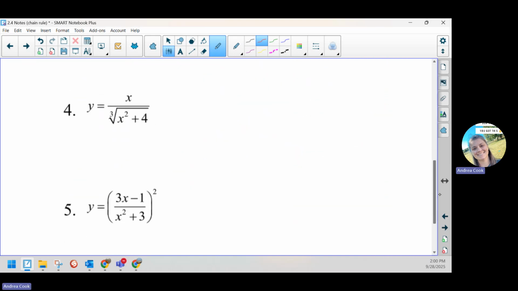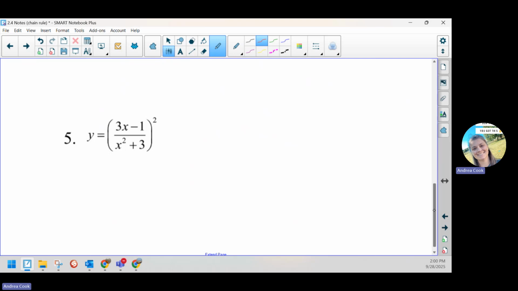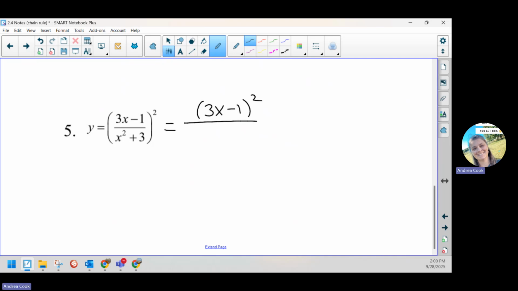Okay, so that was 4. All right, example 5. We could do just chain rule and quotient rule inside, but I prefer to rewrite this as just squaring the top and squaring the bottom, and then doing quotient rule.